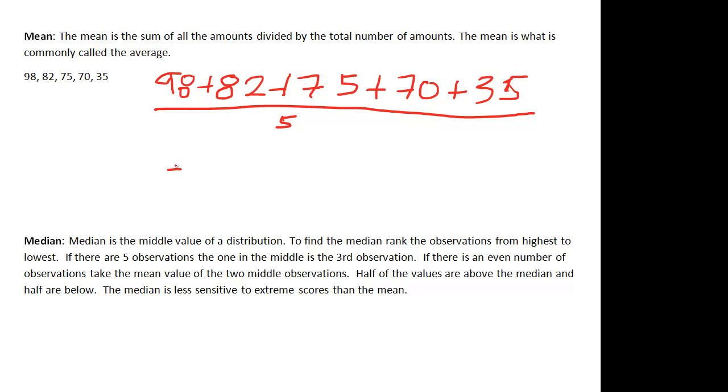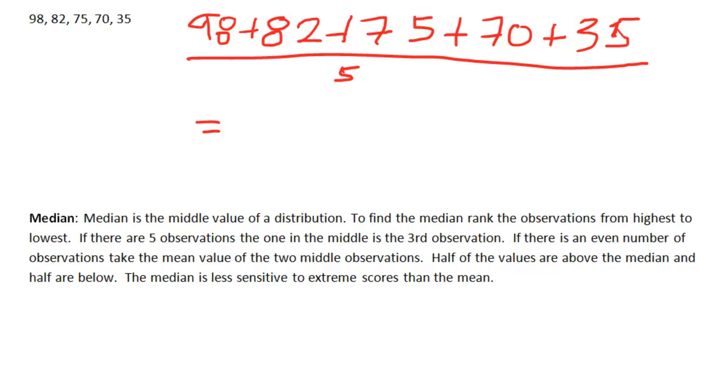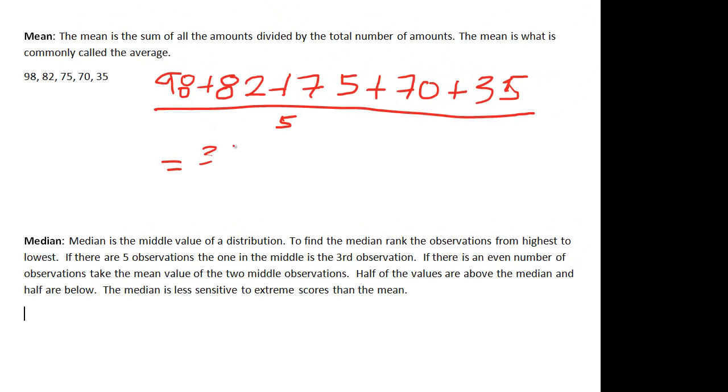And add up all the ones on top. That should equal 360. Divided by 5 is equal to 72. So my mean is just a little bit below my median.